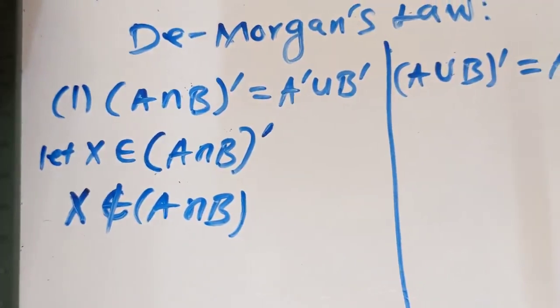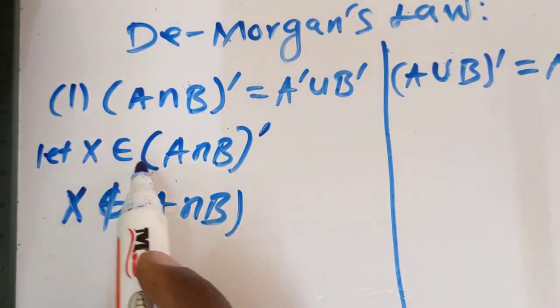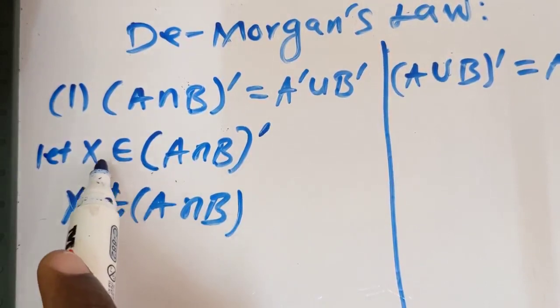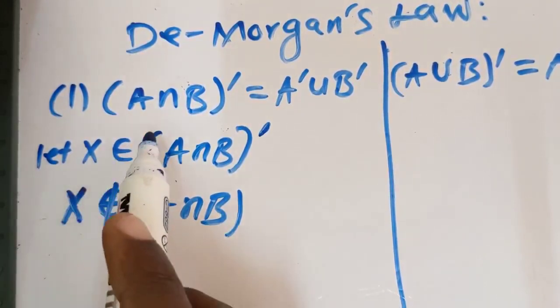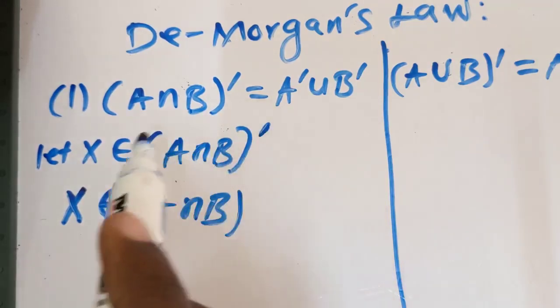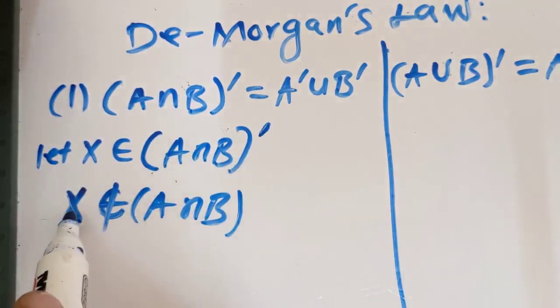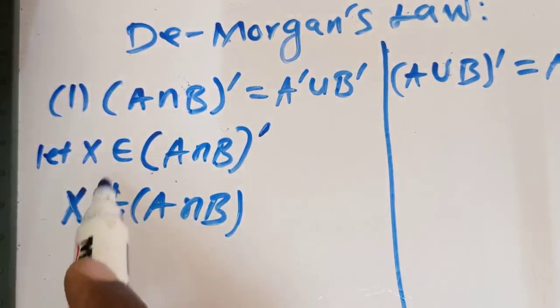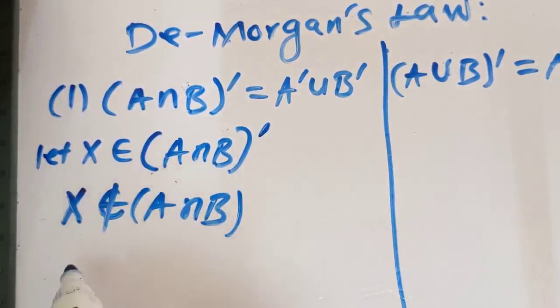So I said let X be a member of (A intersection B) complement; this means that X is not a member of A intersection B. This is what it means.